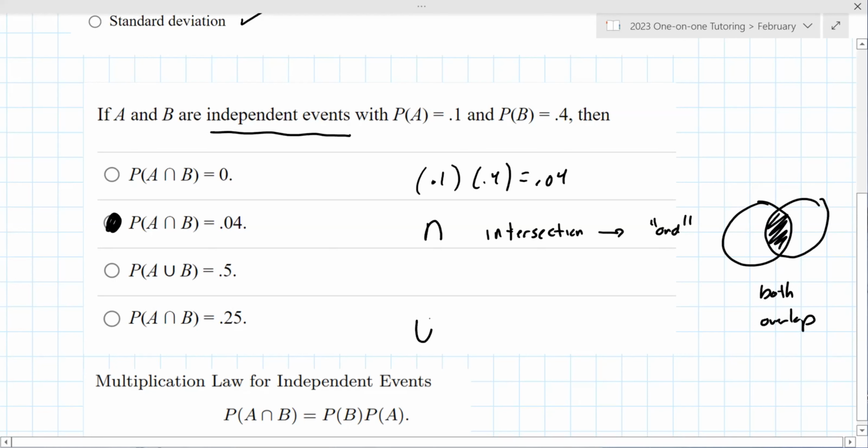The one that's related to it is the union operator, and it means "or," but not the way we normally think of "or." It's a logical "or," which means one or the other or both. And it's everything in this overlap.